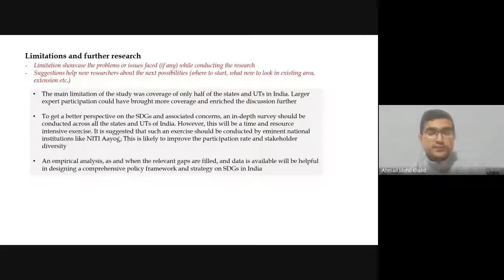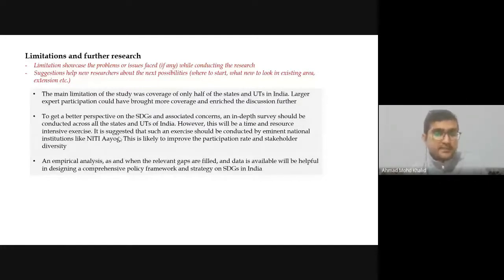For example, if I conduct a survey as a researcher and approach people, somebody will not take interest when you contact them through email. But if a government body, say Niti Aayog, floats a survey and sends it to academicians, researchers, government officials, and different people from industry, of course the reply rate will be very high.